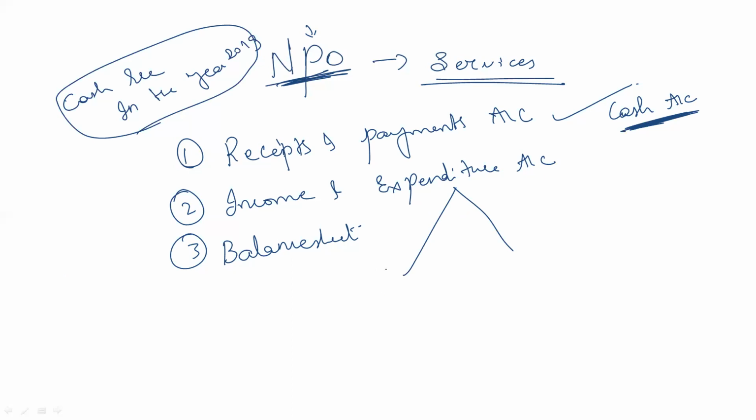Only the transactions which are revenue in nature will be recorded in the income and expenditure account. And another thing we need to remember is that only the transactions related to the current year are recorded. Now these two points are very important.